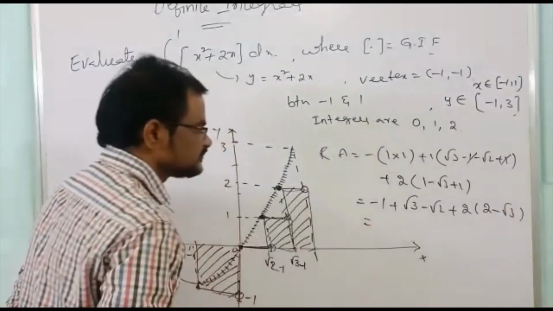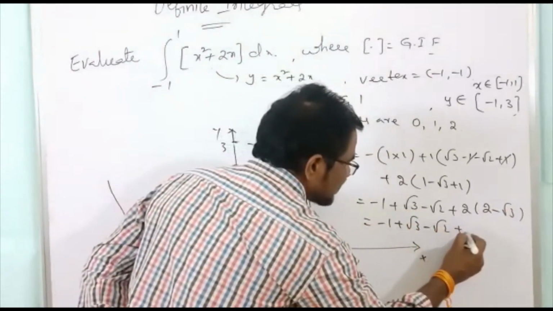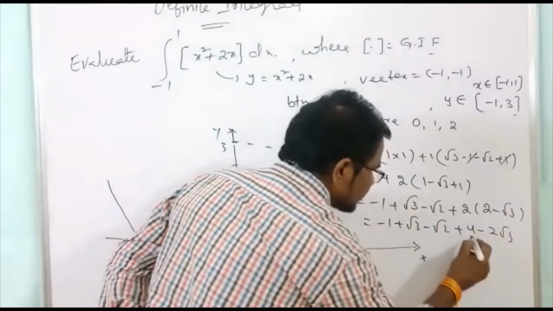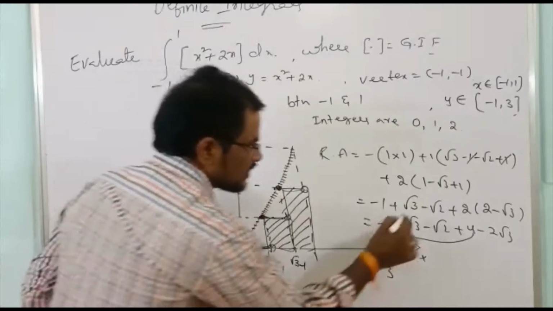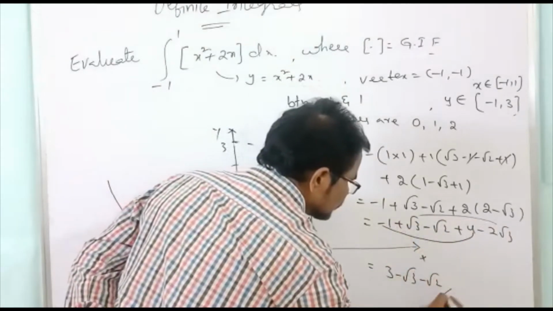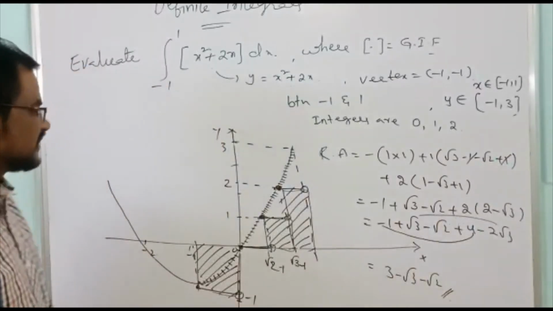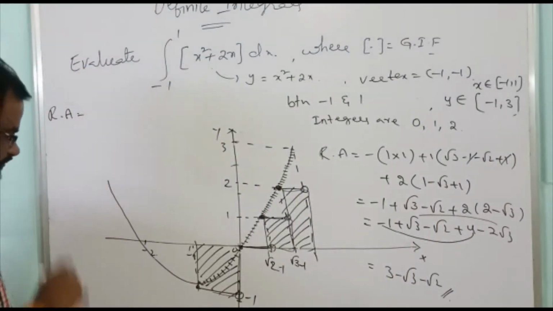That is equal to minus 1 plus root 3 minus root 2 plus 4 minus 2 root 3. From these terms you will get 3, and from the root 3 terms you get minus root 3, and then minus root 2.